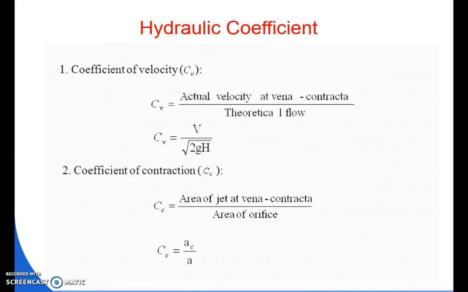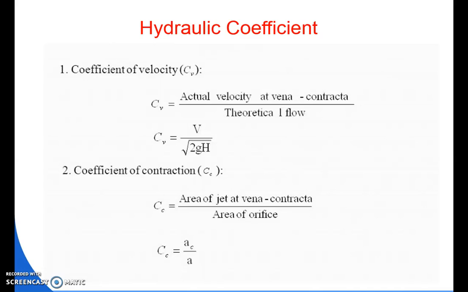Let's consider the coefficient of velocity. The coefficient of velocity is the ratio of the actual velocity of water at the vena contracta point to the theoretical velocity obtained from the orifice flow. Let V be the velocity of water at the vena contracta.